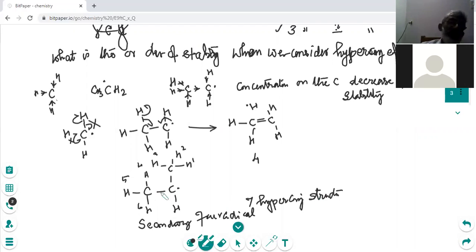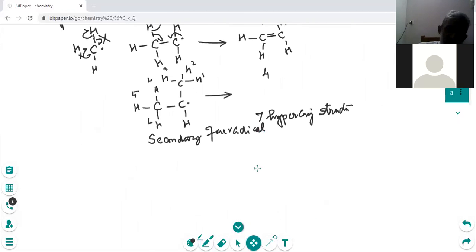And that also is delocalization. The odd electron is moving over to this hydrogen, this hydrogen, this hydrogen, this hydrogen, this hydrogen, and this hydrogen. So the odd electron is getting spread, and that will lead to 7 hyperconjugated structures. Now, when the electrons are getting spread, more stability.